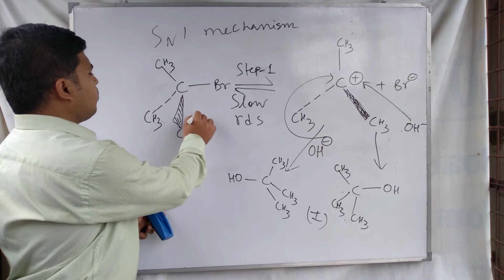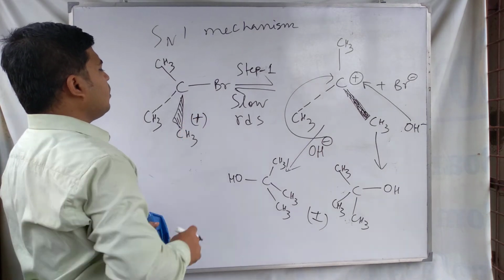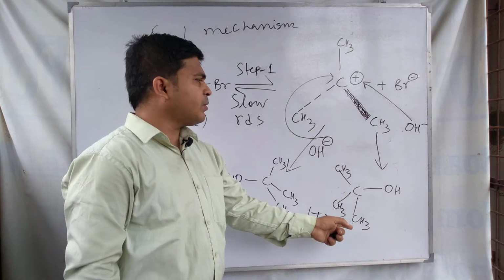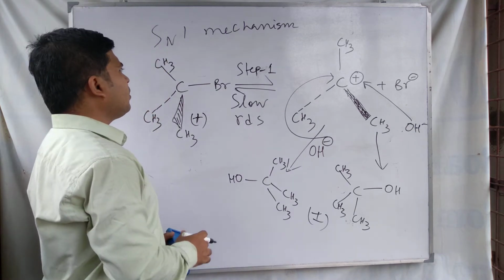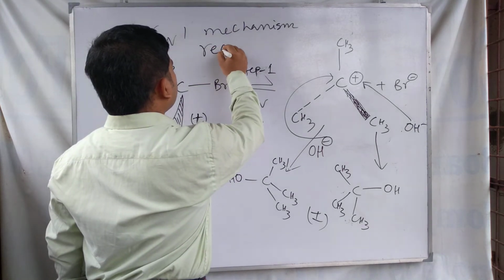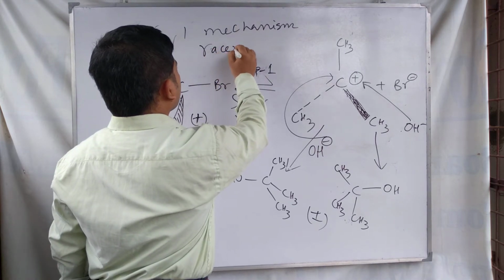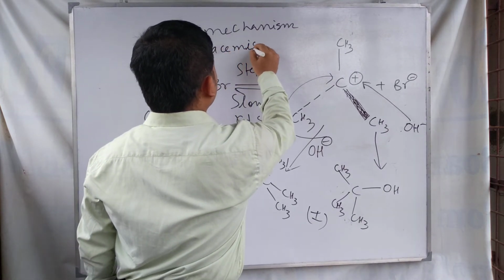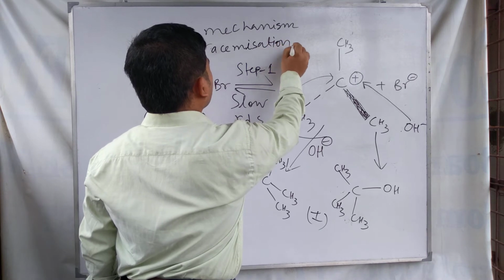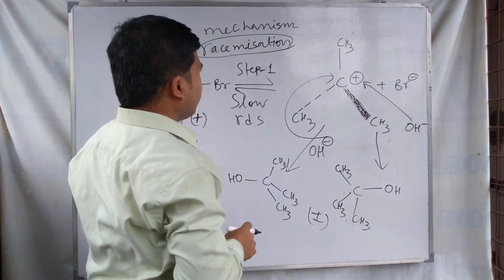If we take the plus configuration, we get the plus and minus, means a racemic mixture is formed. This is very important.